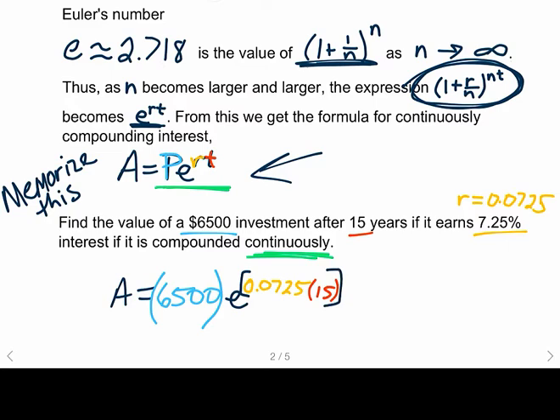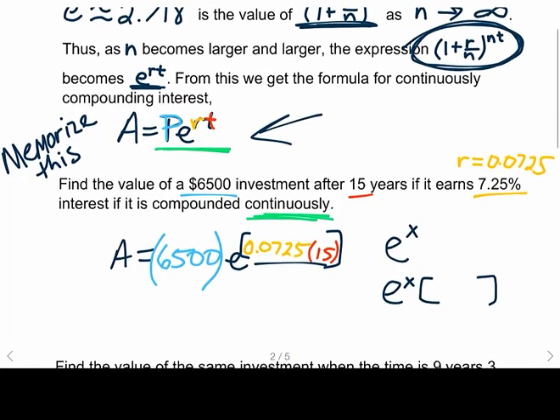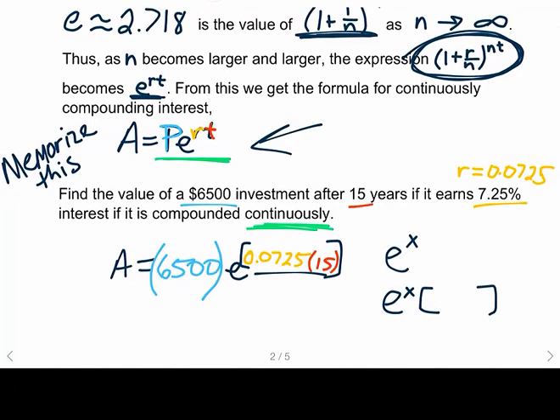Now, some calculators are such that you need to put the exponent in first, and then you would hit your e to the x button. For other calculators, you hit your e to the x button, and then you put your exponent in. It's up to you to figure out how your calculator works. If you need to, I can talk to you about that individually.